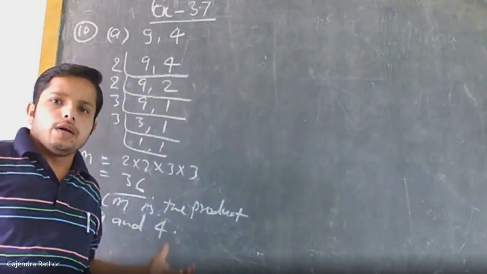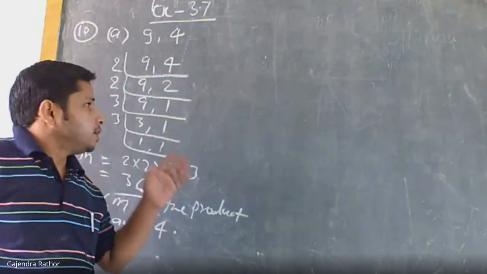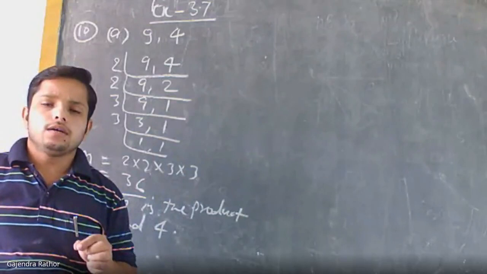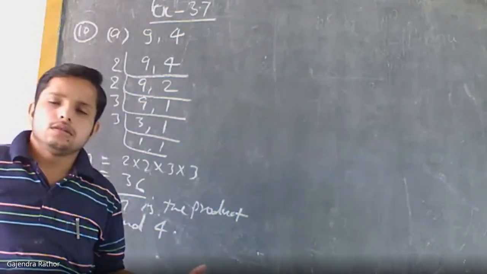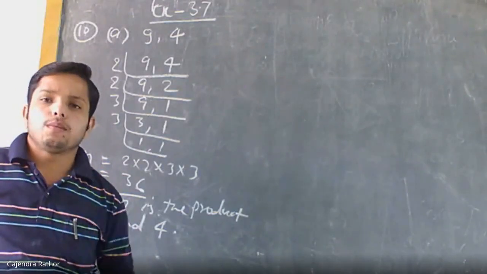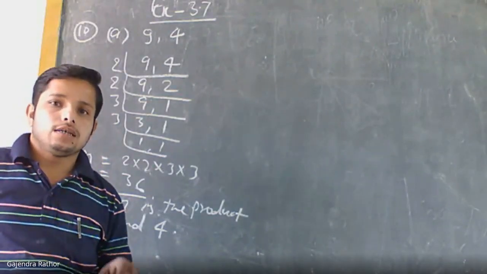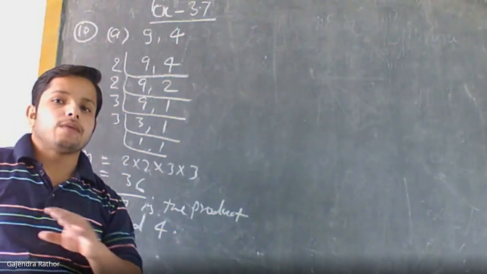Second, we have to check this common property in each and every point. This is the one point. The next point is why in this point LCM is the product of these two numbers. Because sometimes it doesn't happen in each and every point.